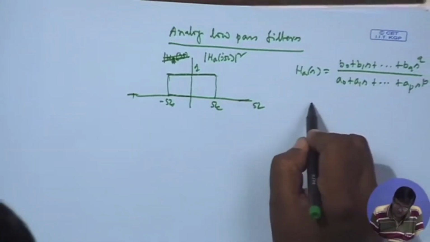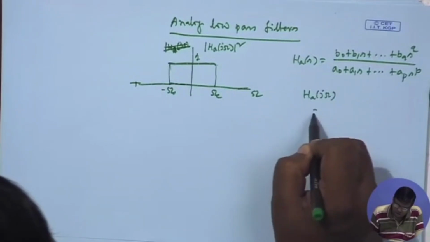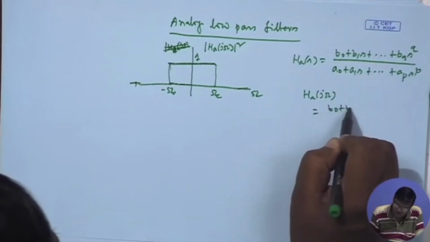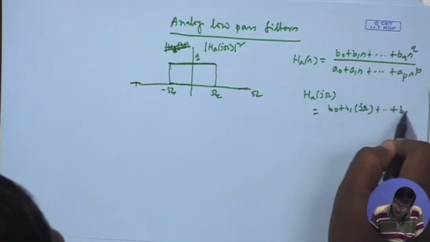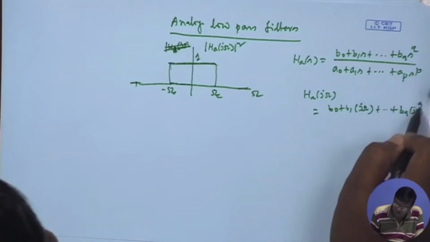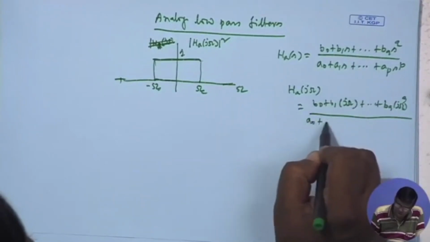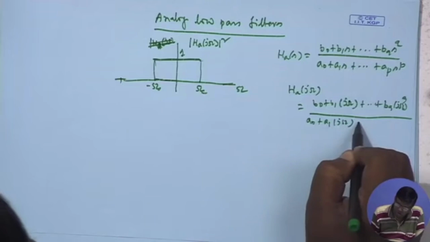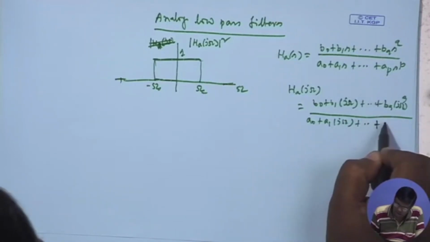And its frequency response is B0 plus B1 j omega plus dot dot dot B q (j omega) to the power q, divided by the similar denominator, just replacing S by j omega. That is, in the S plane I am now on the j omega axis, the vertical axis.